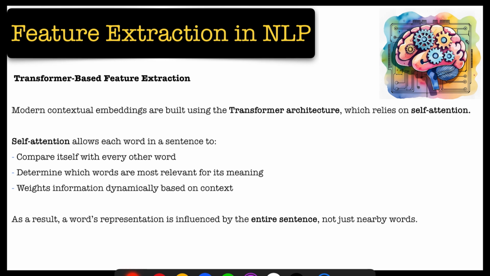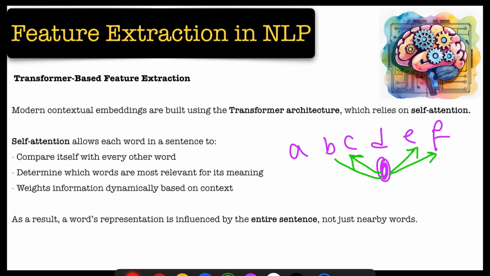So if in a sentence we have multiple words, consider any word. It will compare itself with all the other words. It will determine which words are the most relevant for its meaning.